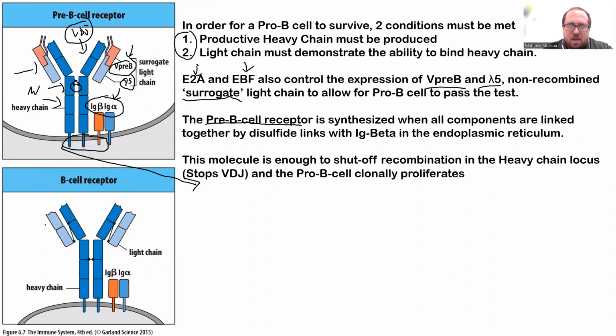So again, we have the B cell receptor. The B cell receptor has a heavy chain, has a light chain, and it has this co-receptor, not co-stimulatory molecule, but this co-receptor, immunoglobulin alpha and beta. And then there will also be a co-stimulatory molecule later on, which is CD19.